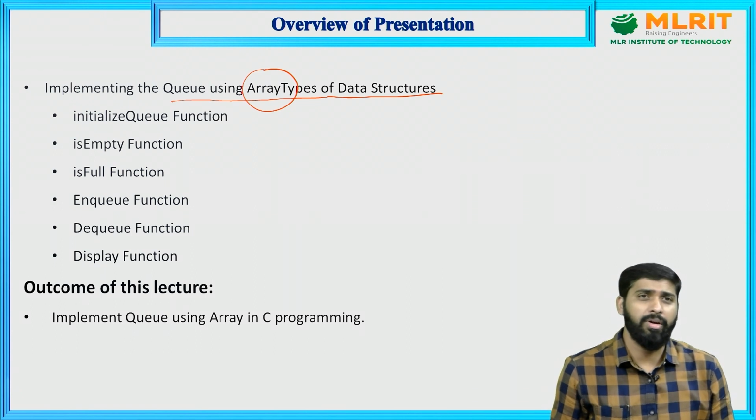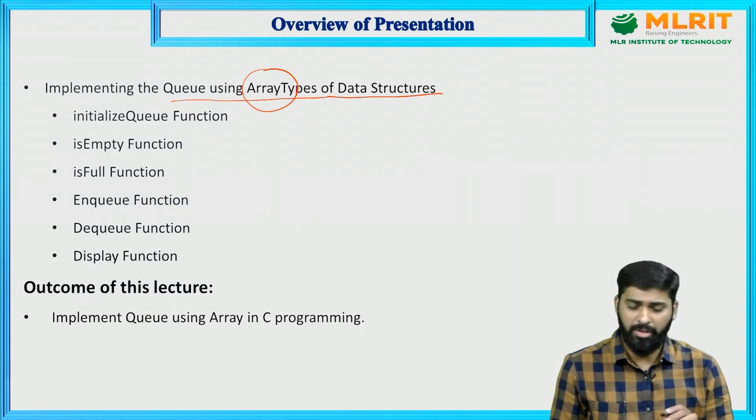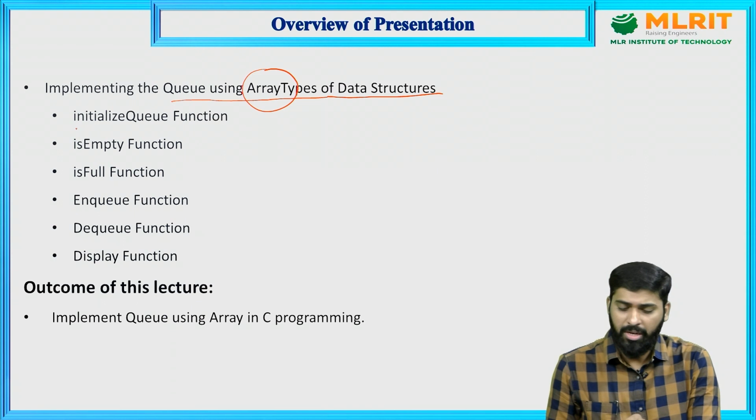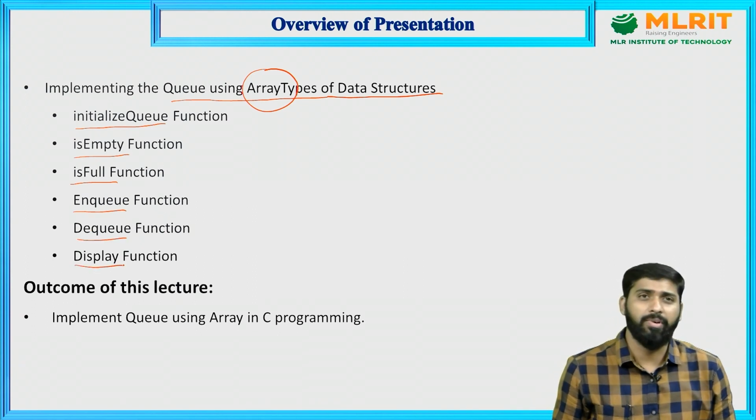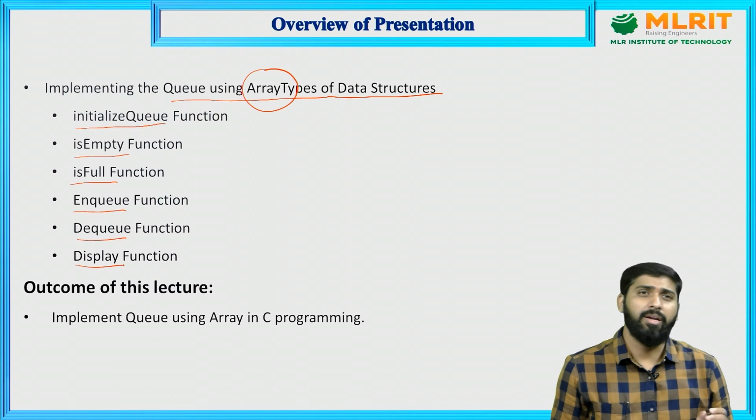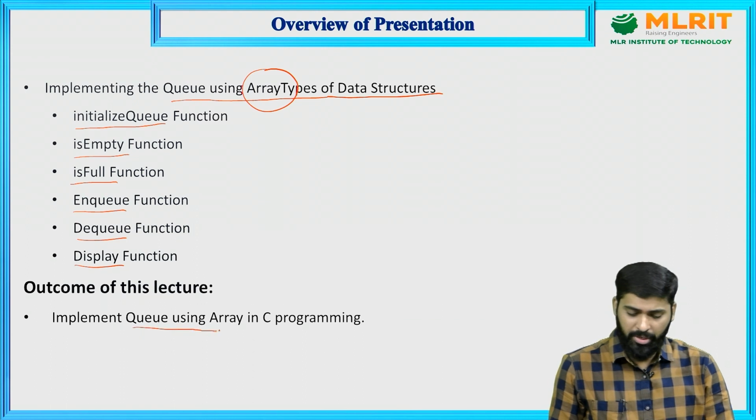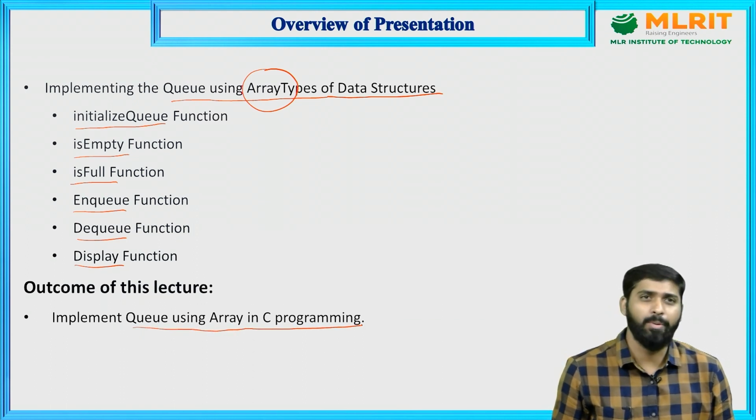In the queue ADT program, we have different functions: initialize queue, is empty, is full, enqueue, dequeue and display. After completion of this lecture, you will be able to implement a queue using an array in C programming. This is the outcome of this lecture.